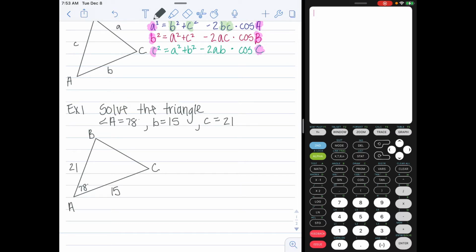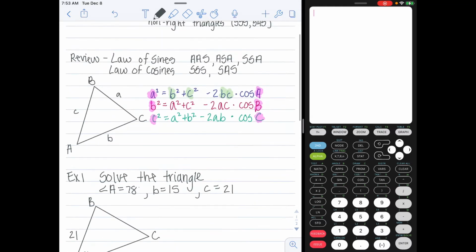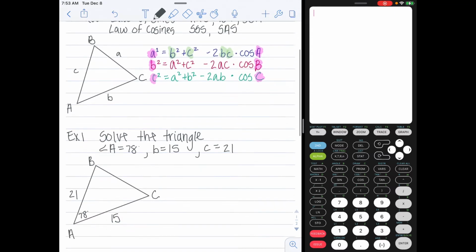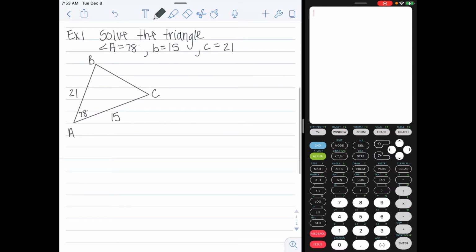I'm going to realize what type of triangle I have here. The triangle is an SAS. So looking back above, SAS goes under law of cosine. So I'm going to start with the angle that I have given. So I have angle A. That means I want to solve for side A first.